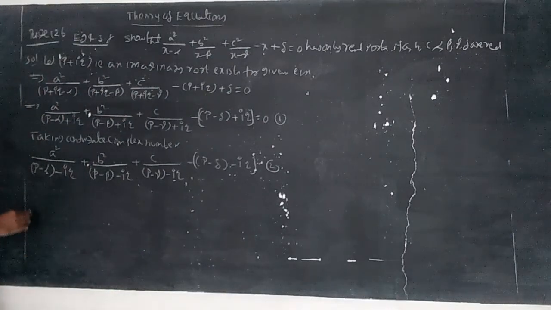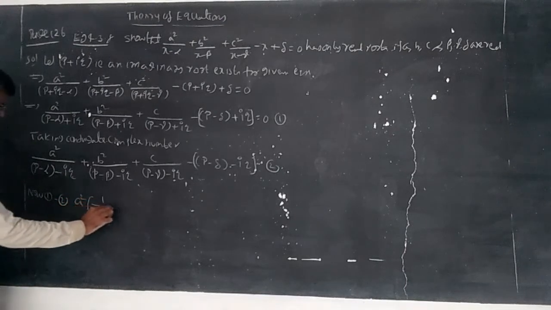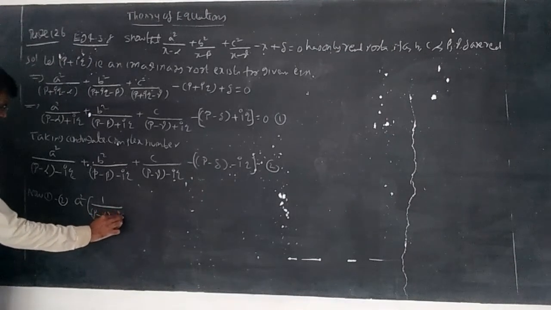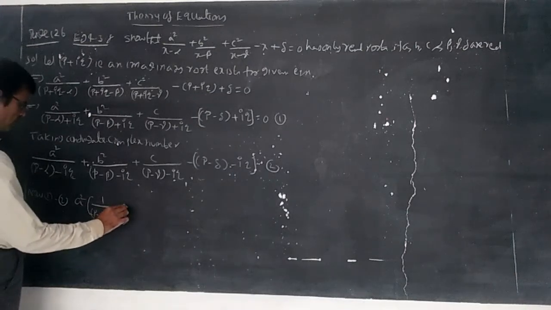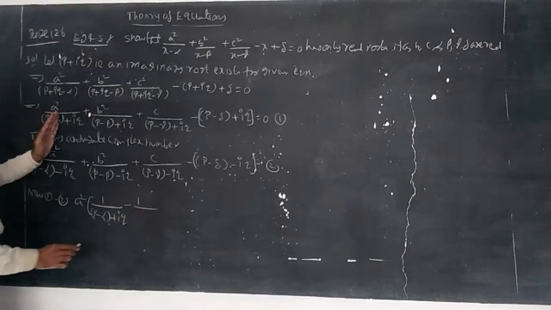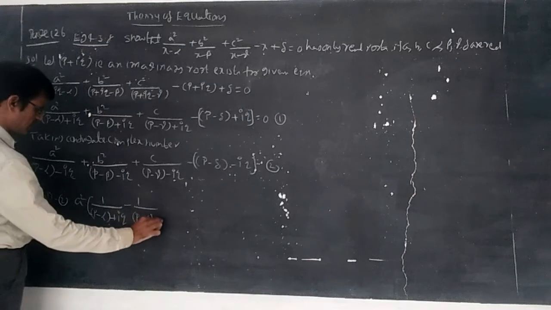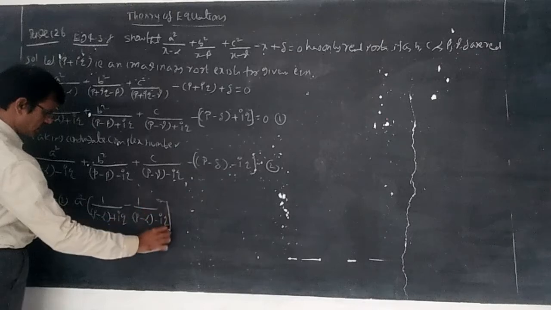Now 1 minus 2. If we write 1 minus 2, you can understand here a square taken common: 1 by p minus alpha plus iq minus 1 by p minus alpha minus iq, put a bracket here.